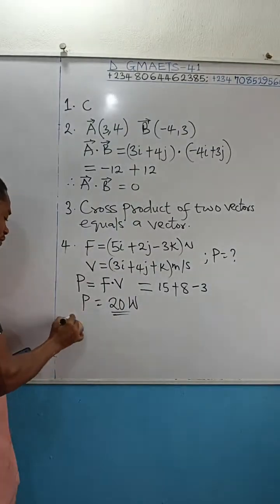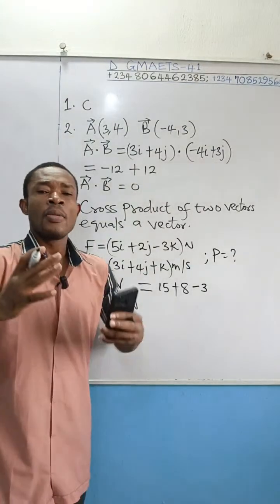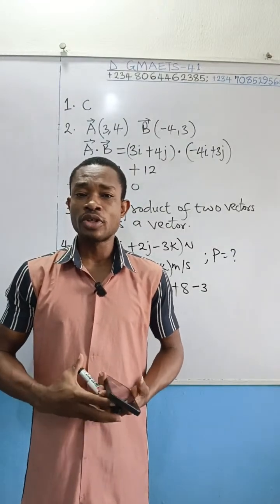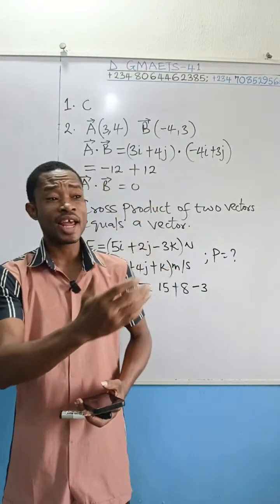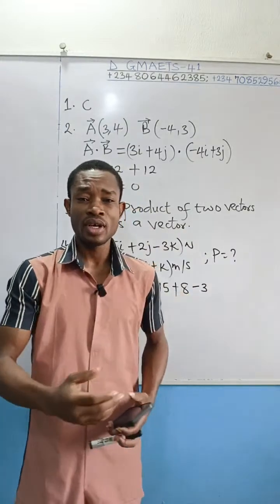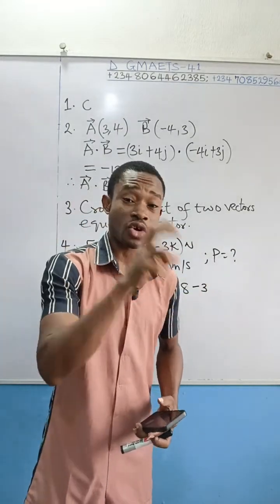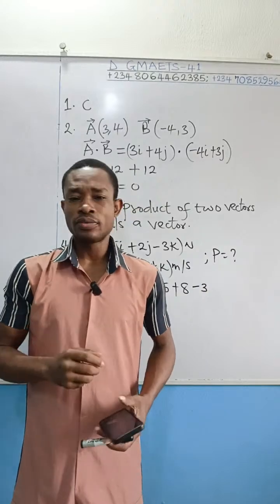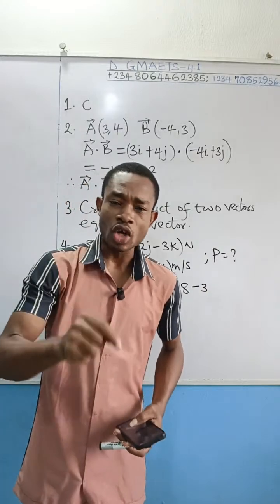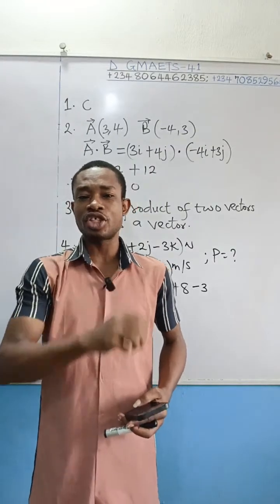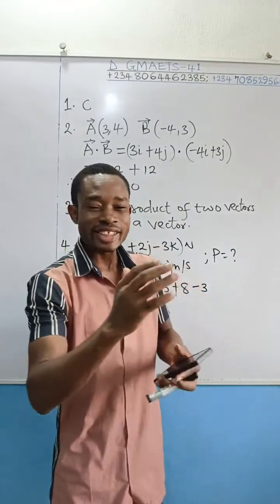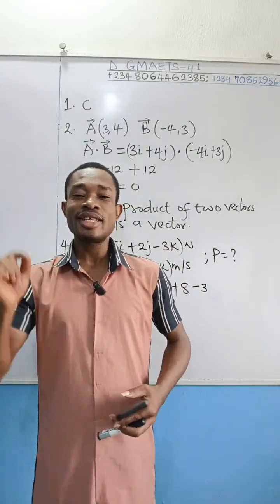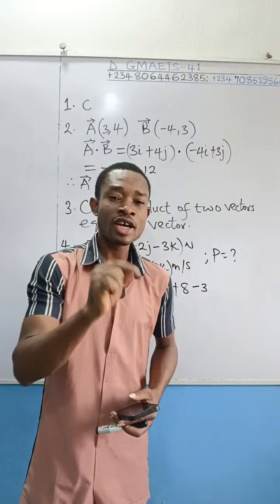Question number 5. This is what you should know. The mathematical definition of cross product of two vectors, assuming I give you vector A and vector B, and I say you should take the cross product of these two vectors, it is equal to the product, that is the multiplication, of the magnitude of these two vectors and the sine of the angle between them.